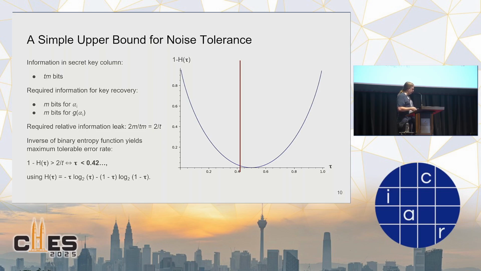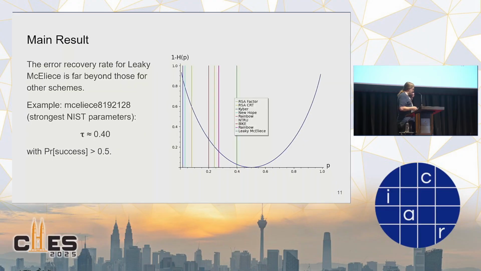So, for example, if the error rate would be 1/2, then we wouldn't know anything about the secret key, because that would be basically just a random bit flip, right? If we compare this with other attacks in the literature, classical algorithms as well as post-quantum algorithms, then we see that we are far above every other acceptable error rate.